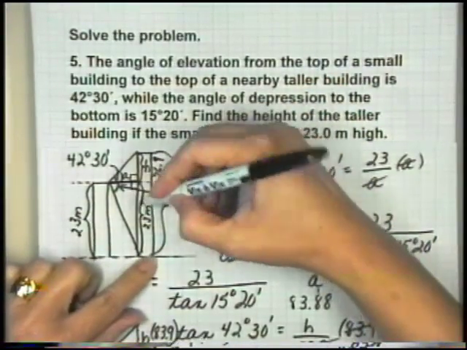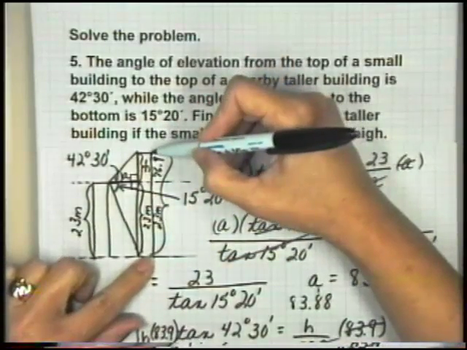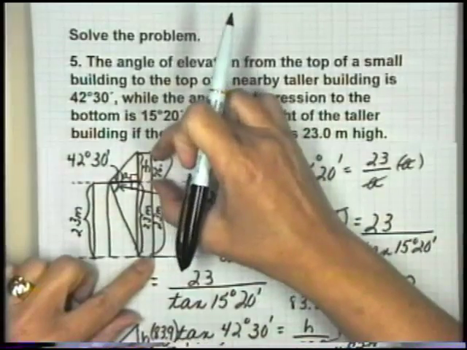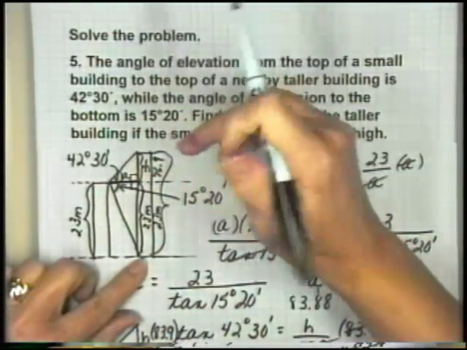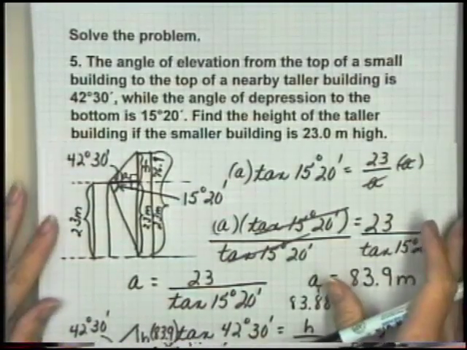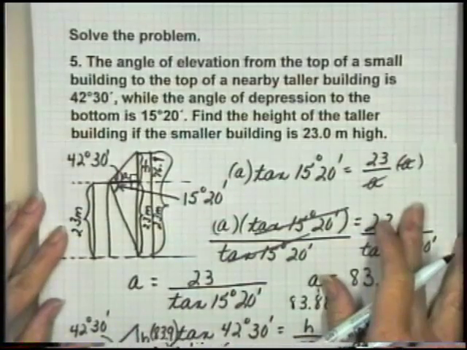What do I have to do to get the whole height of the building? Well, I have to add this 23 meters, and you can see obviously this is not drawn to scale. If it were, that's much larger than that, and that should be much taller. So that's just an example of how inaccurate our sketches can be.